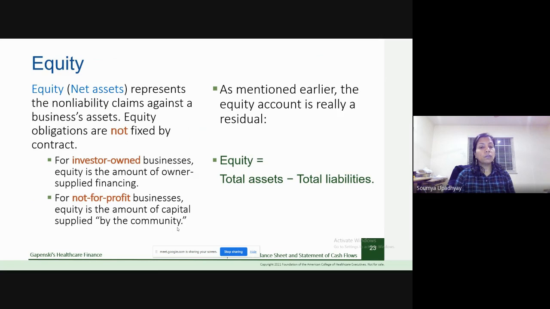For not-for-profit businesses, equity is the amount of capital that is supplied by the community, coming from contributions or the charity work that they provide and so forth. As mentioned earlier, the equity account is a residual. So equity is the difference of assets and liabilities. When you subtract your liabilities from your assets, that is your equity.